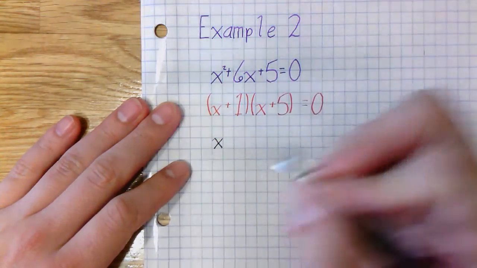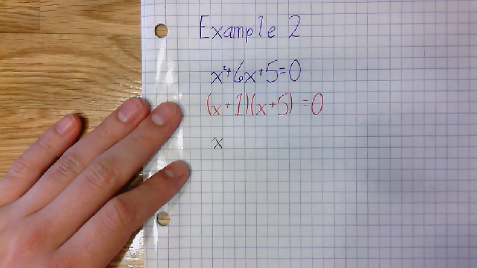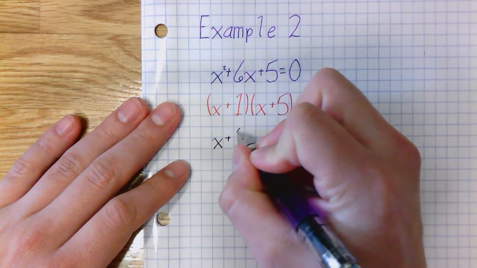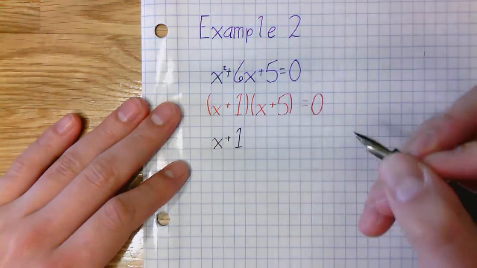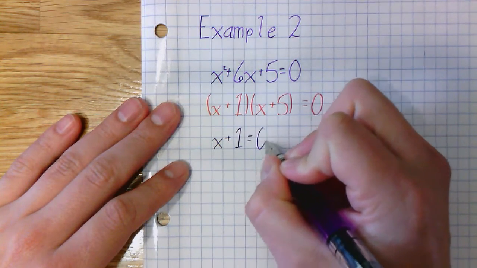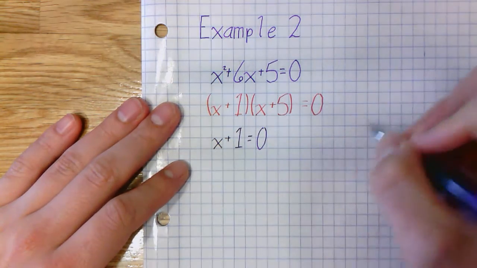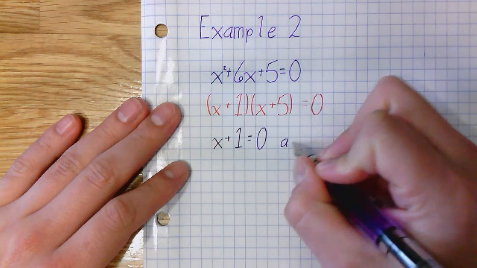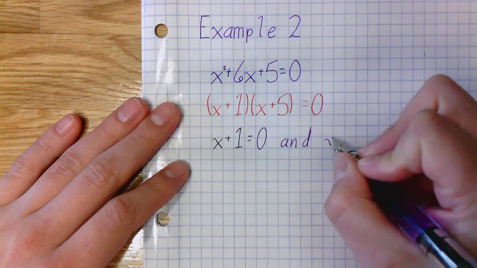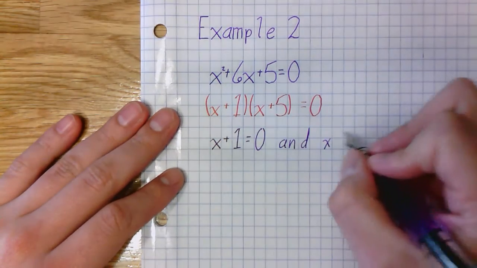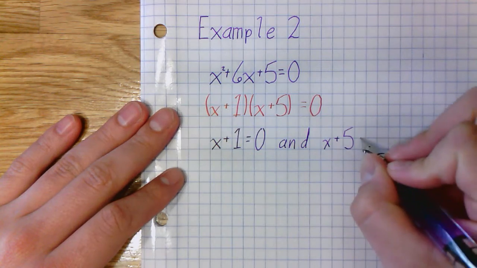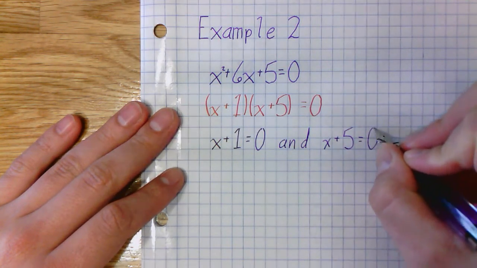So we're going to have x, that's so dark. Why is that black? Anyway, plus 1 equals 0. And x plus 5 equals 0.